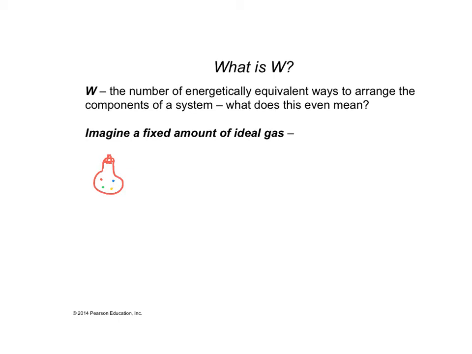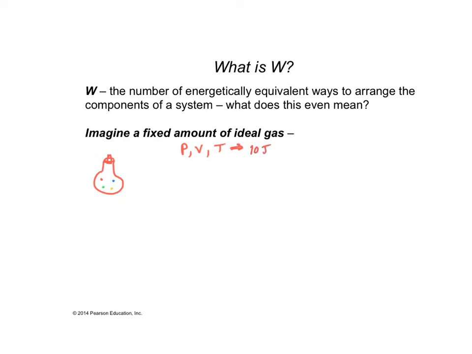So the total amount of energy for an ideal gas is given by the pressure of the gas, the volume of the gas, and the temperature of the gas, okay? So this pressure, this volume, and this temperature tell us overall that the energy of this ideal gas is 10 joules.